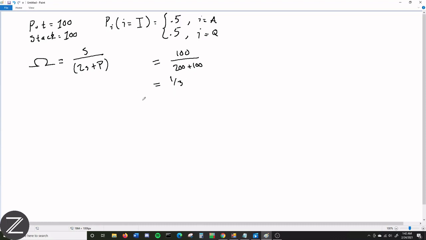So to make the out-of-position player indifferent, one third of India's range should be a bluff, right? So if India is equally distributed between an ace and a queen, India should be bluffing her queen exactly half the time to make Oscar indifferent between calling and folding.